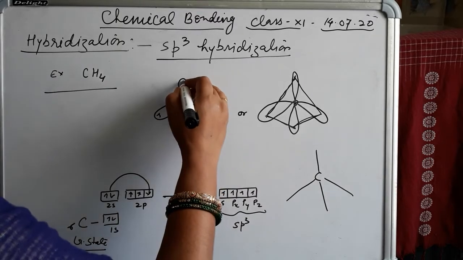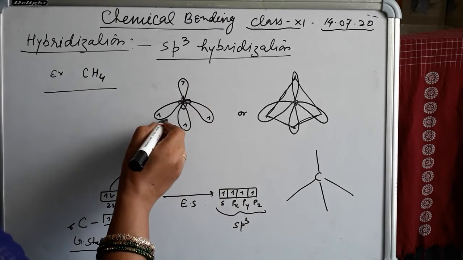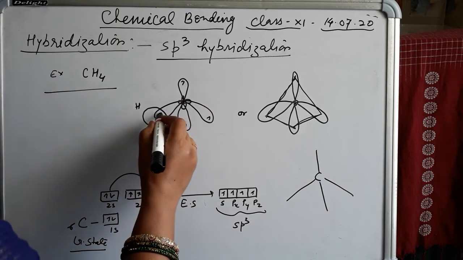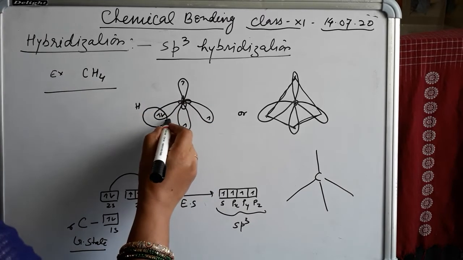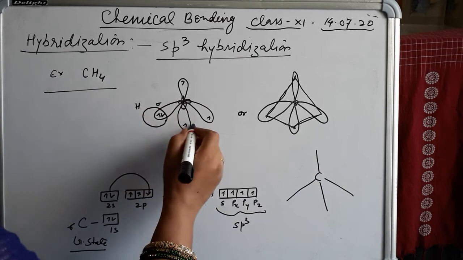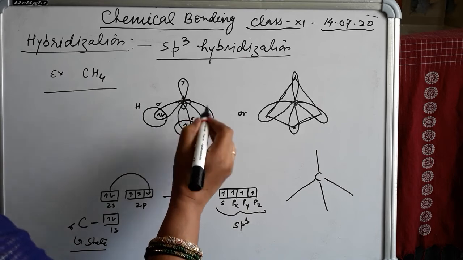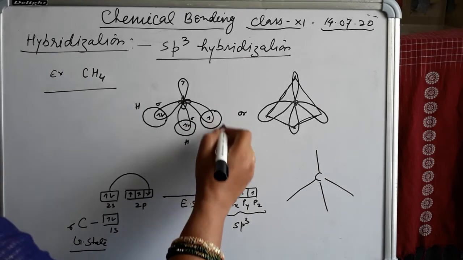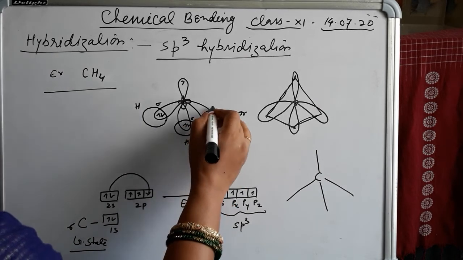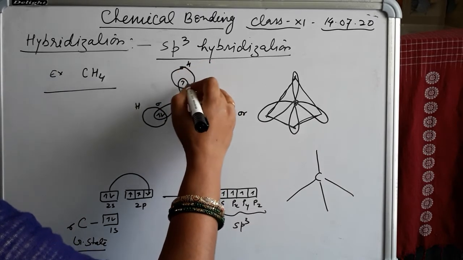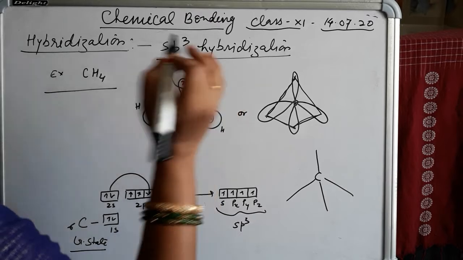Each hybrid orbital contains one unpaired electron. So overlapping takes place with the 1s of hydrogen, and a sigma bond is formed. Here also hydrogen with a sigma bond, here also, and here also hydrogen with 1s and a sigma bond.